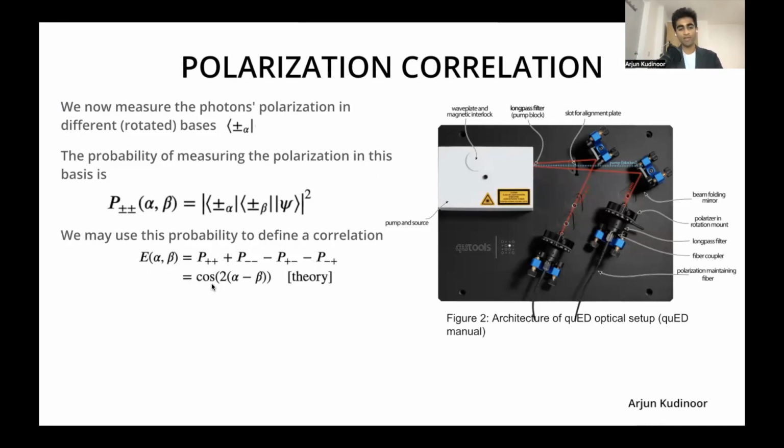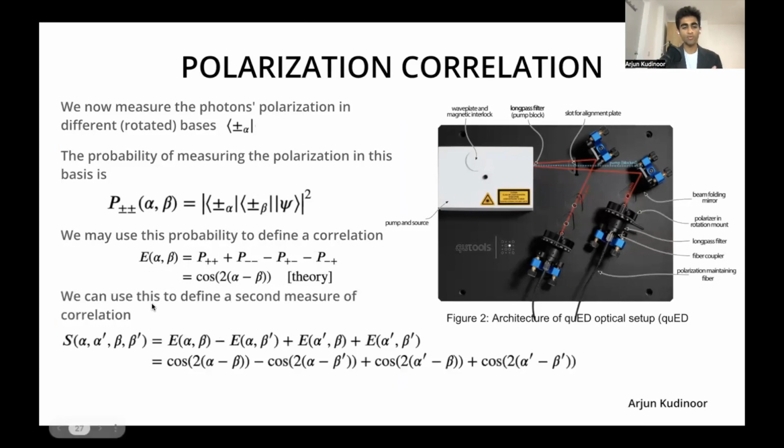It turns out that if you were to write down the math here, you would get a cosine function that depends on the difference between the rotations of your axes. And then you can use this correlation to define a second measure of correlation. We call this S, and the second measure depends on 4 different angles.